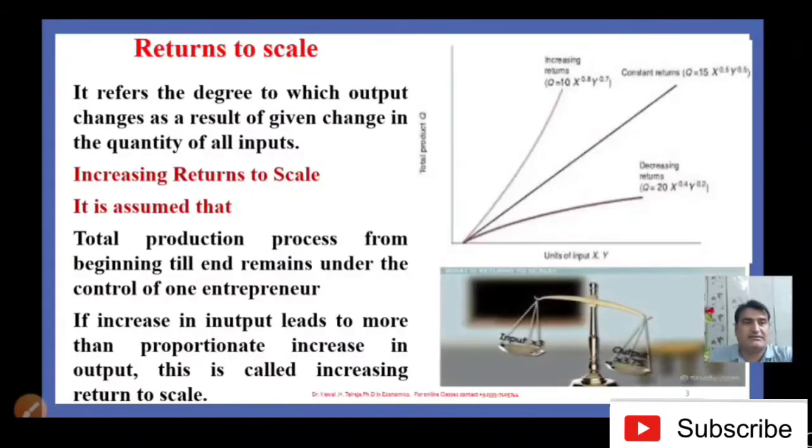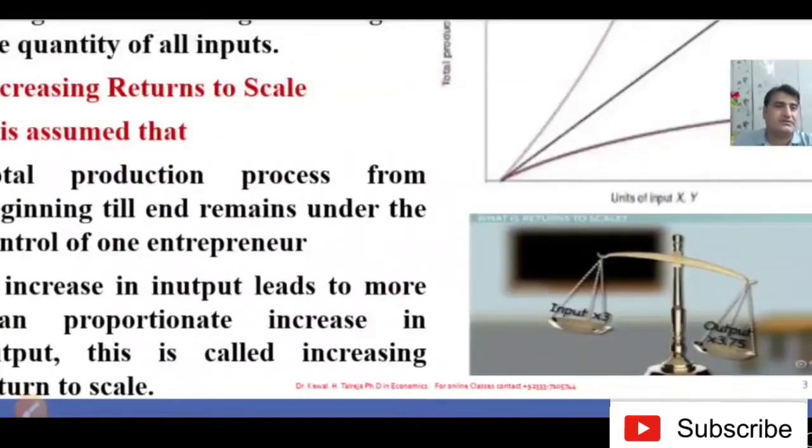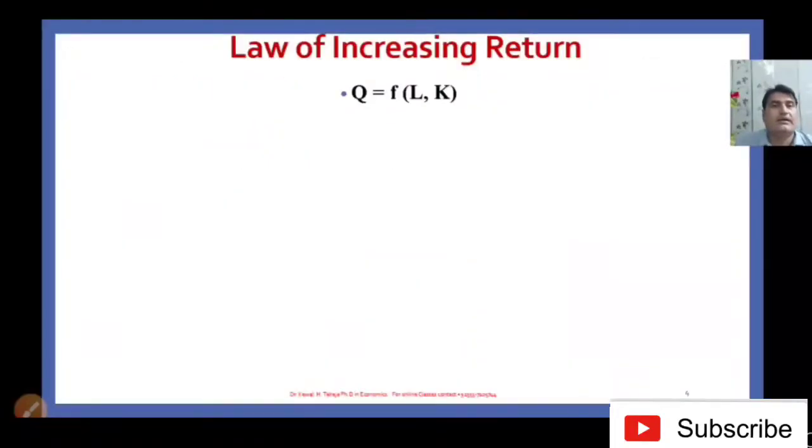Here you can see that in increasing returns to scale, doubling the input, we get more than double the output. If we say that the quantity means the output, the output is a function of labor and capital, where Q represents the output, F represents the function, L means labor and K indicates capital.